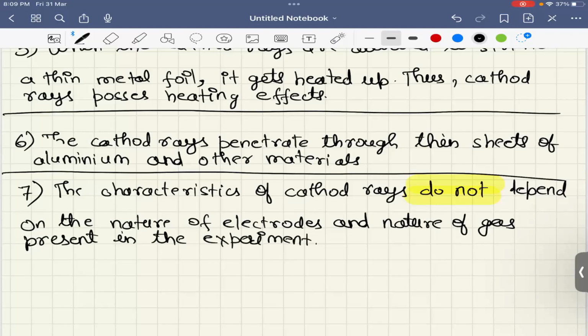Also, in the next class, we will see how the e by m ratio, that is the charge to mass ratio, for these cathode rays was obtained.